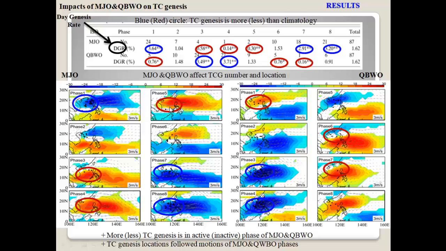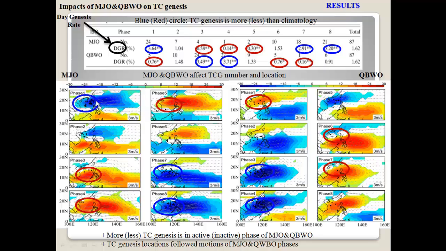You can see this map is a combination of the TC genesis number and position and the OLR anomaly map. The left-hand side is for MJO. We can see phases 1, 7 and 8 are the active phases of MJO, so OLR is blue, in negative value.